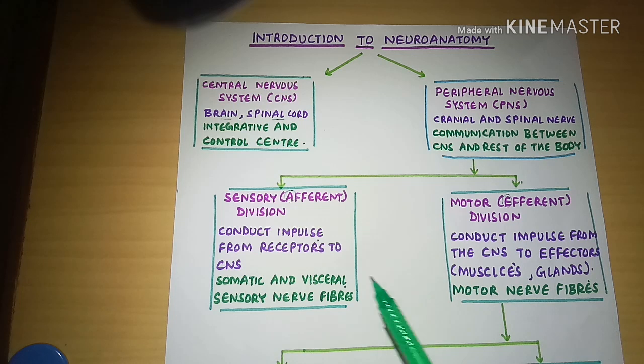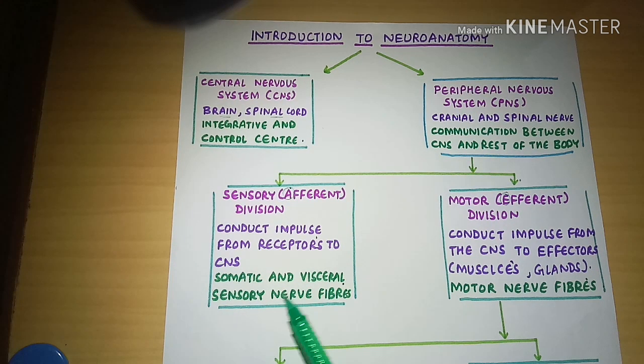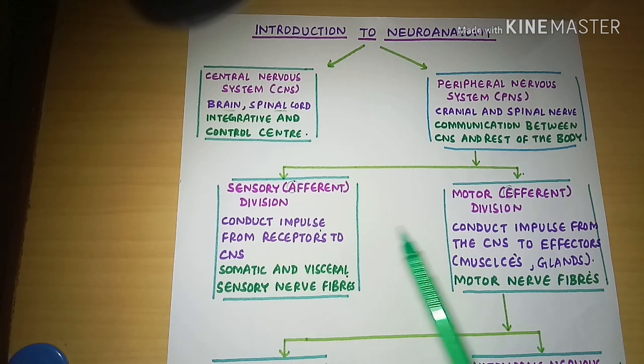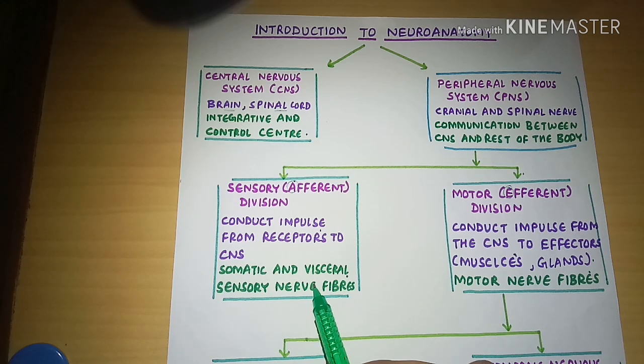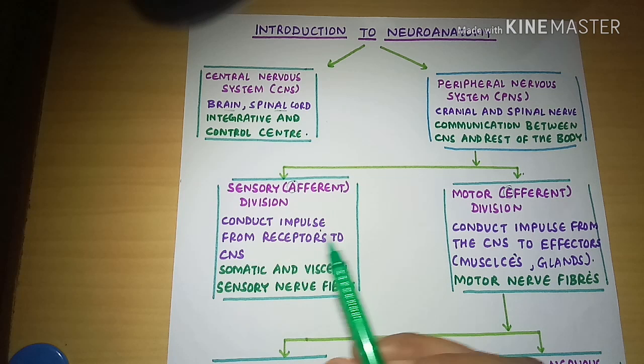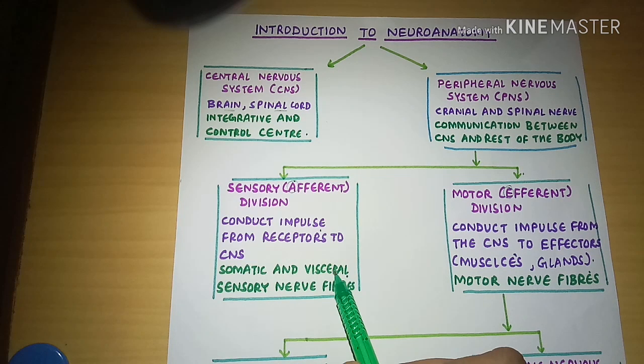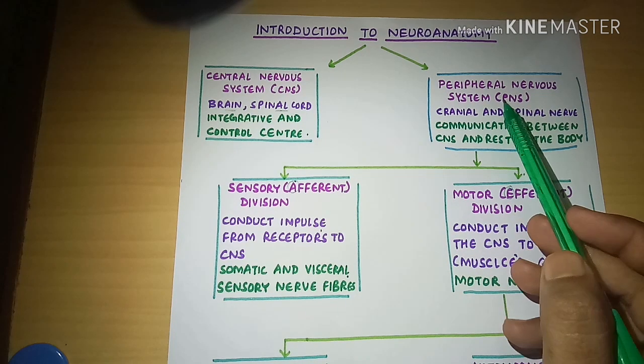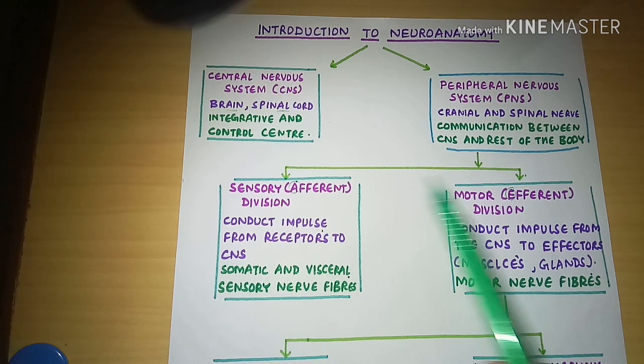They may be somatic sensory or visceral sensory. Somatic sensory means the sensory impulses are conducted from the skeletal muscles, and visceral from the visceral organs, isn't it? So the peripheral nervous system has a sensory division and a motor division.